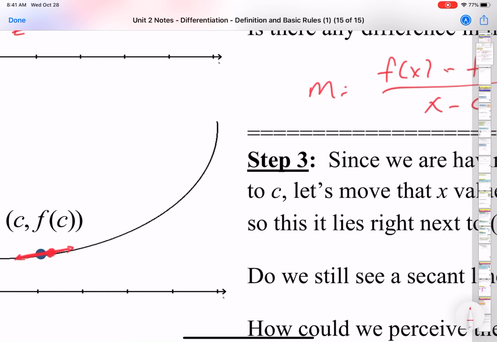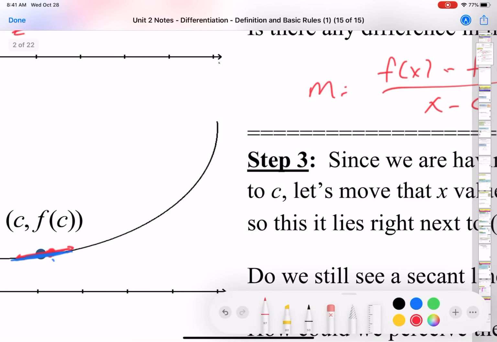So my tangent line would be just grazing the curve at that one point. So you can see those lines are pretty much the same line. So as our two points get really close together, the secant line almost turns into a tangent line.